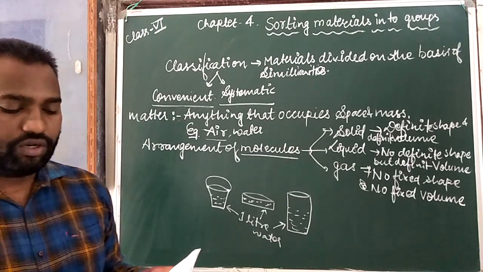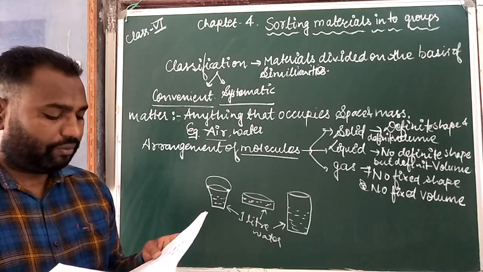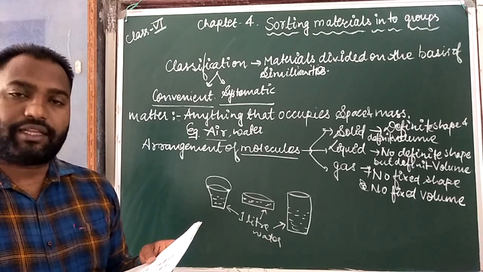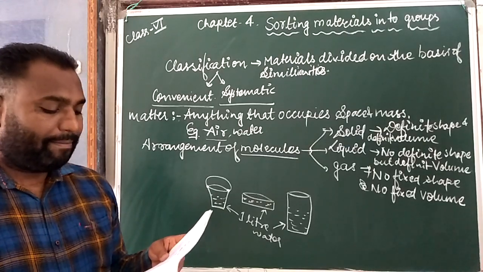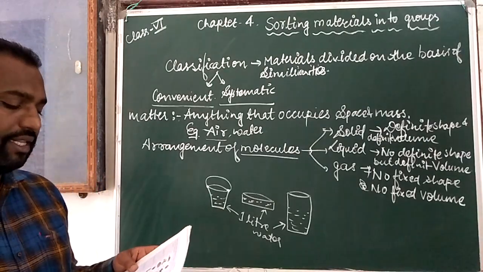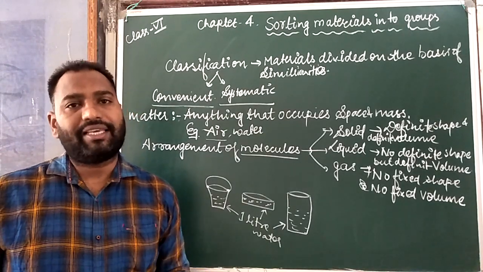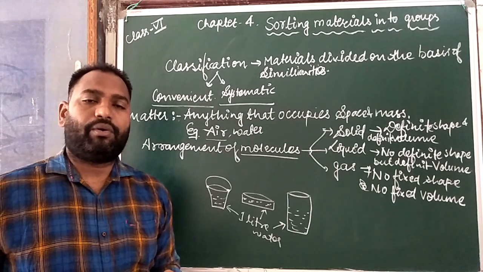So you can see wood and metals. Group number 4: A and C are spherical, and B and D are non-spherical. Spherical means round in shape. So on the basis of many such things we can categorize all the matter around us.